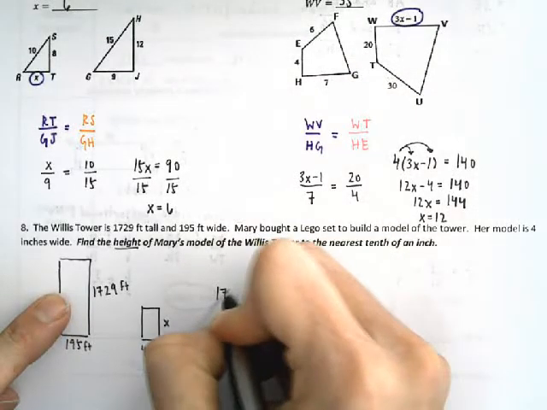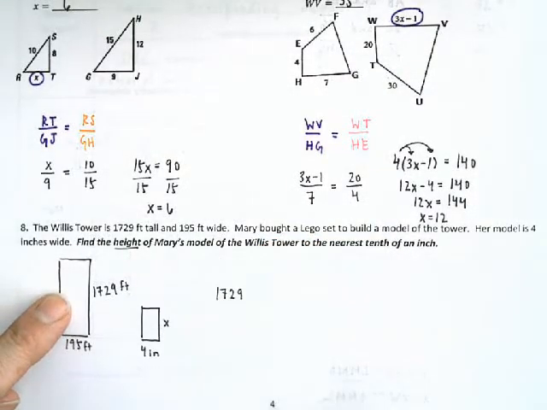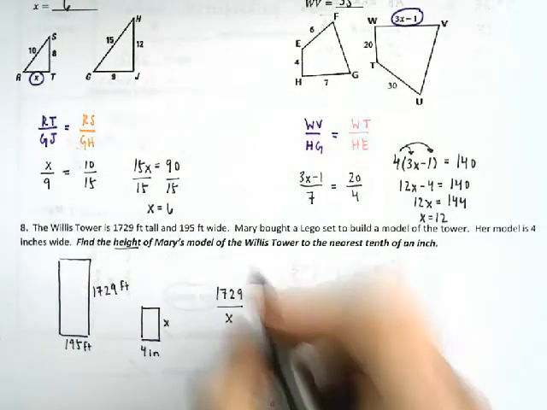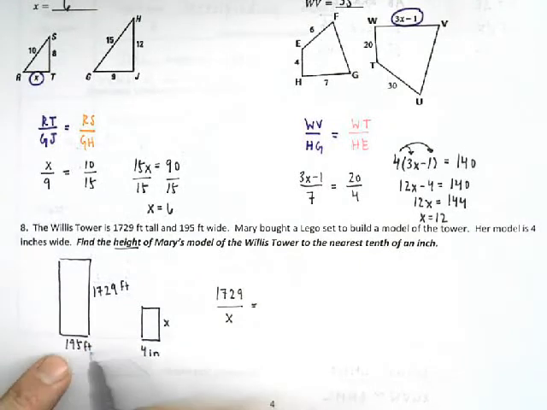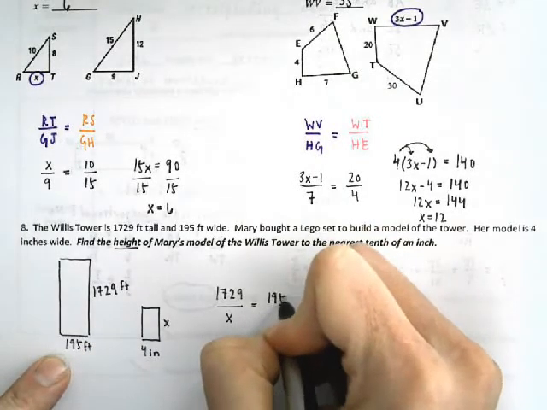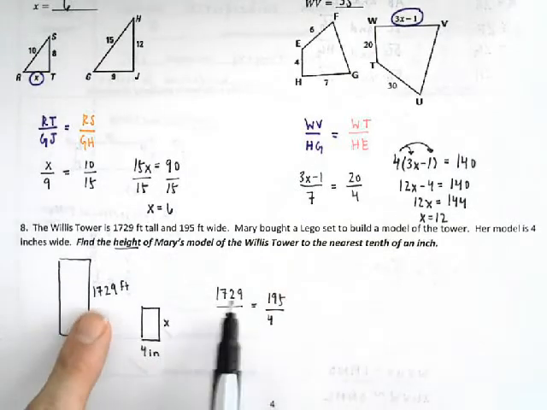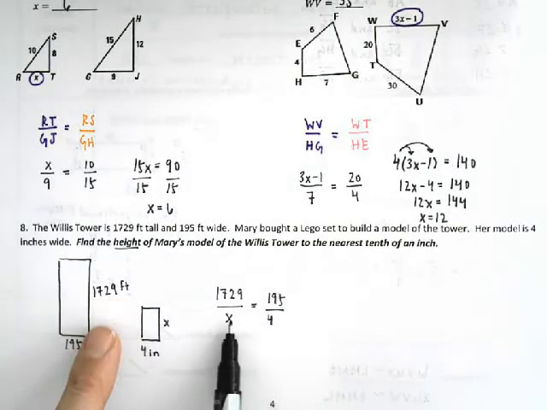I know that 1729 is going to correspond to x on the model. Those are the heights. And then my base is going to correspond to the base on the model. Now recognize both of my units on top are feet. My units on the bottom are going to be inches.